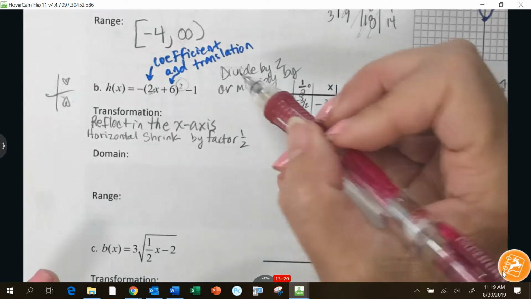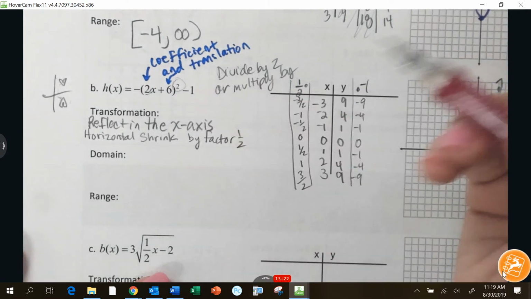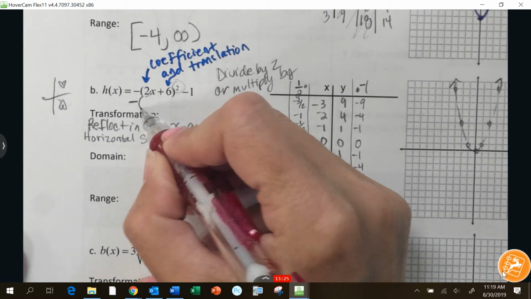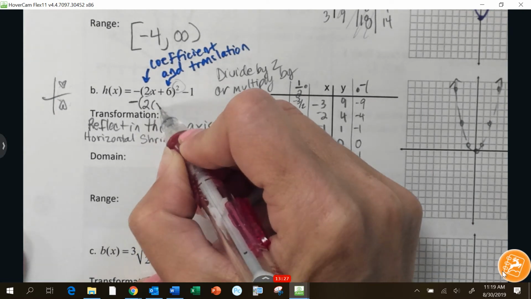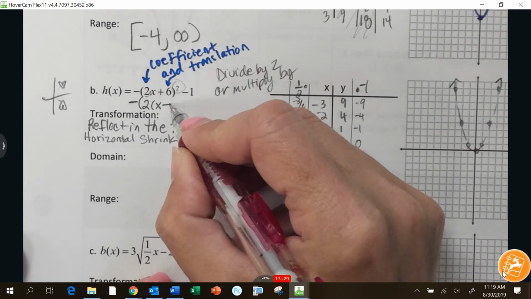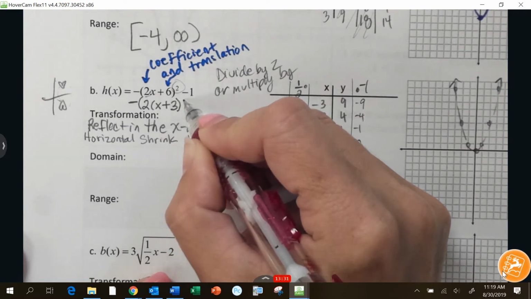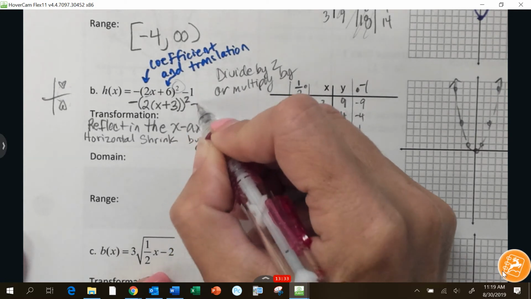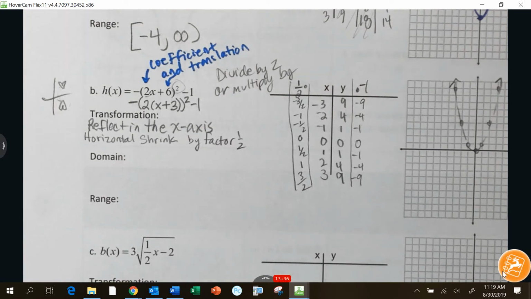If you have a coefficient and a translation in there, you have to factor out that coefficient before you can find the correct translation. So you have to factor out that 2 from the 6, which makes it a 3. All my other transformations are fine. It's just the horizontal translation that will be messed up if you don't do that step.